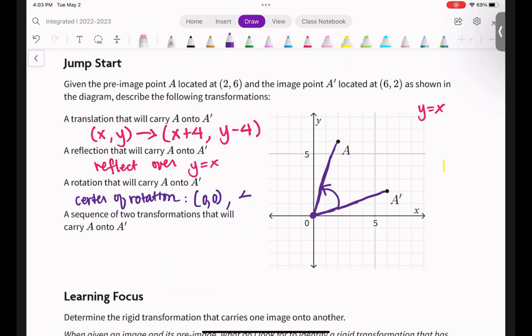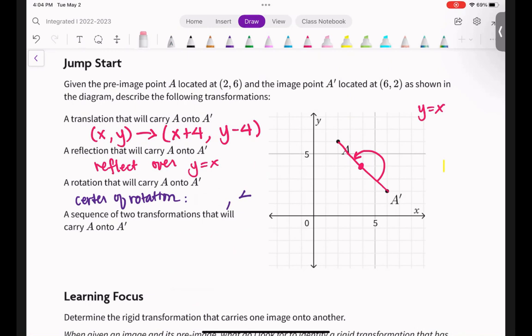I mean, that's one rotation. I just found a different rotation. You can even rotate it here. Sorry, I was thinking about this. I can even do a 180 degree rotation around this point, (4, 4).